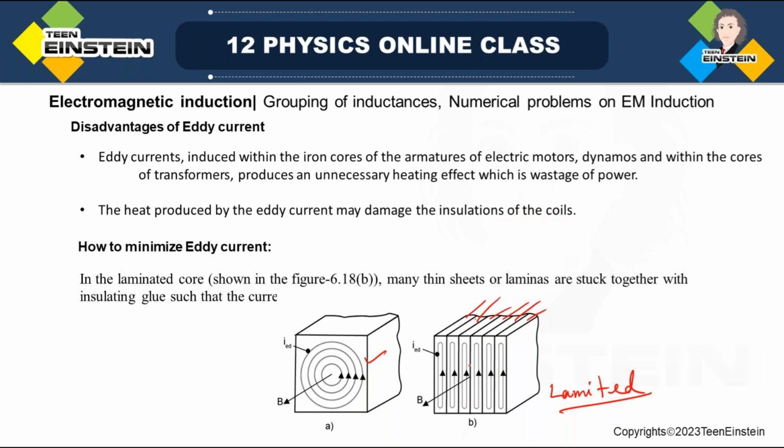So even if the circulating eddy current is produced, in each case, since there is insulation between the sheets, the current cannot grow within the whole region. They will be confined in a narrow area. That is one point.